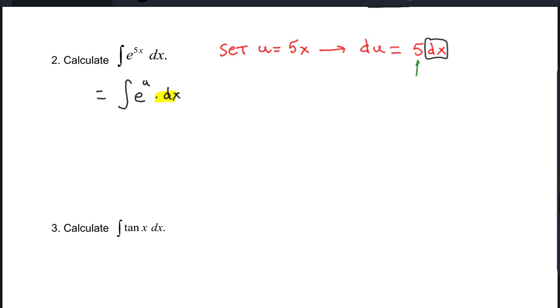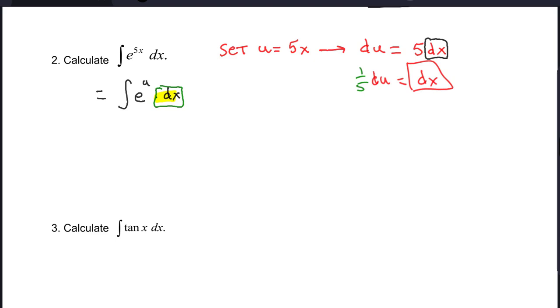I need to get dx isolated, because that's the last thing I have to get out. And isolating that is really easy. I'm going to just multiply 1/5 on both sides. 1/5 times 5 is 1 dx.